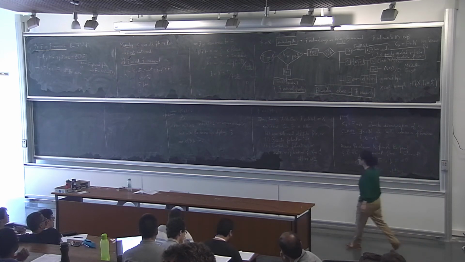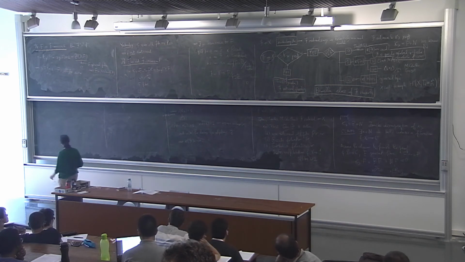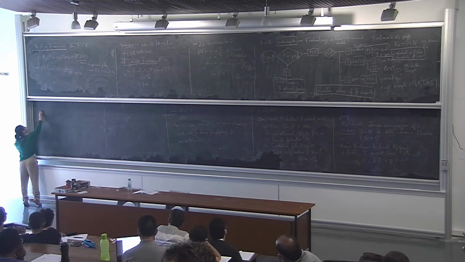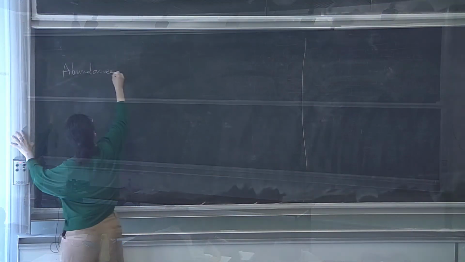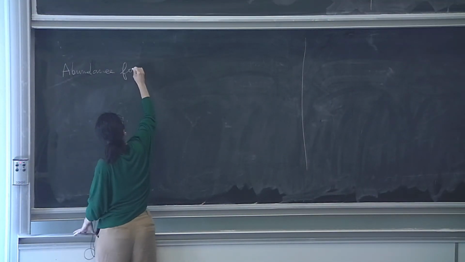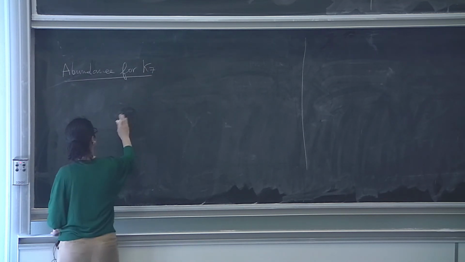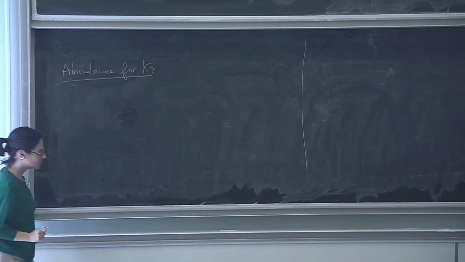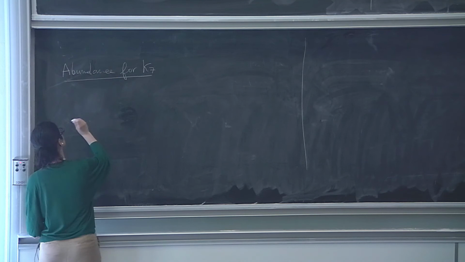Okay, so the only thing I want to discuss is abundance for K_F. There are different formulations for abundance for the canonical of a surface.